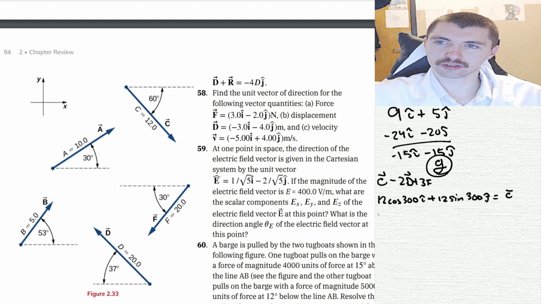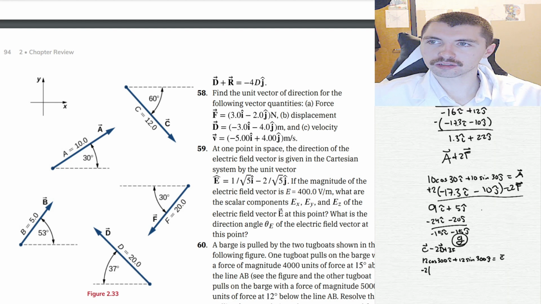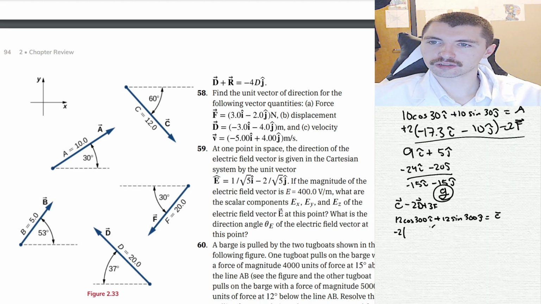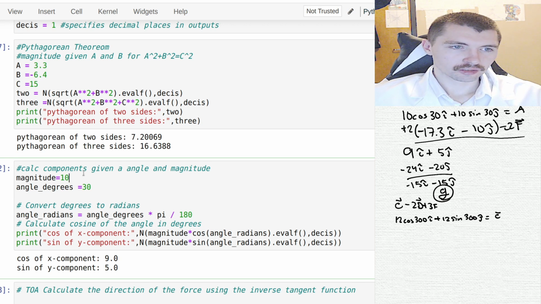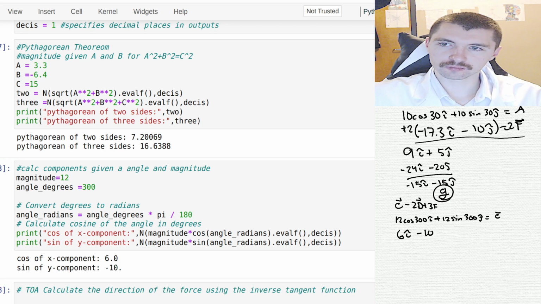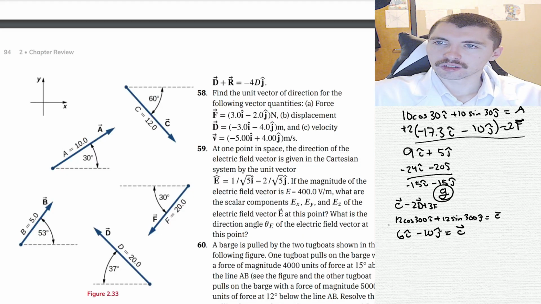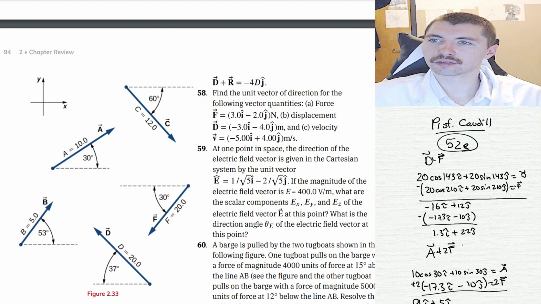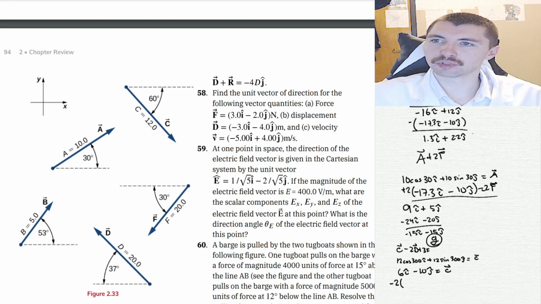So we're going to take this subtracted by 2 times D. I guess I can calculate this first. Okay, so D is negative 16 plus 12.